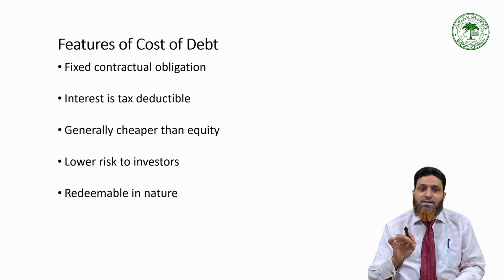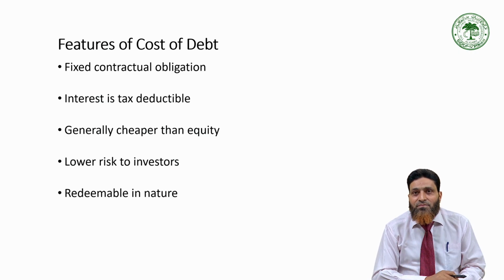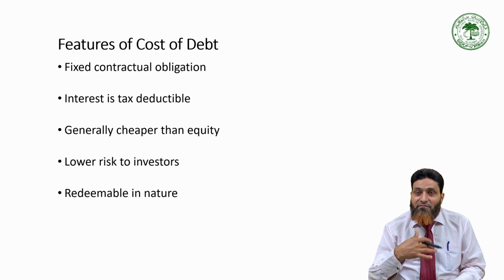Now after this, you have to understand certain components while calculating cost of debt. As and when a company borrows money from anyone, the company has to pay a fixed amount, which is called interest. So cost of debt, in the form of interest, is a fixed and contractual obligation.